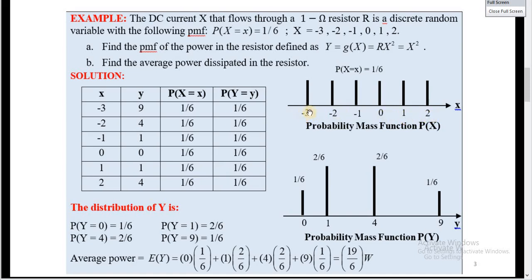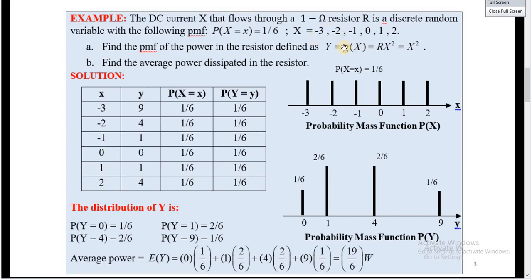In this problem, the current source is randomly switched on between any of these values of the current with this probability. So this is a uniform probability over all values of x, and this DC current source generates a random current according to this distribution.